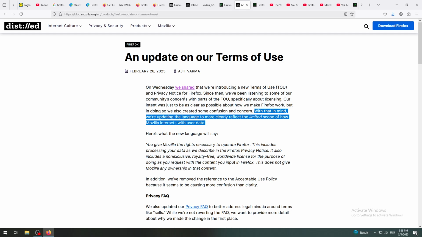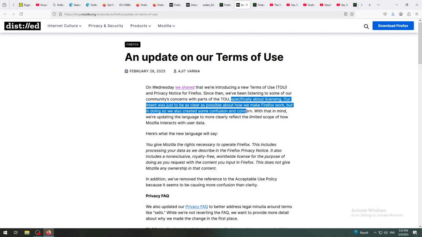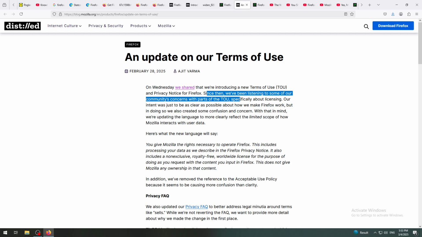We will see that here, but it's funny to read all of this because of the way they try to prove it. It's so funny on so many levels. Okay, so: on Wednesday we shared we're introducing new terms of use and privacy notice, but since then we've been listening to some of our community's concerns.